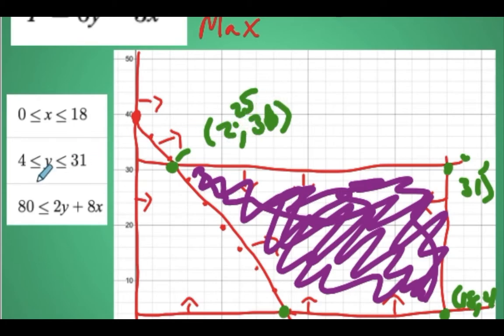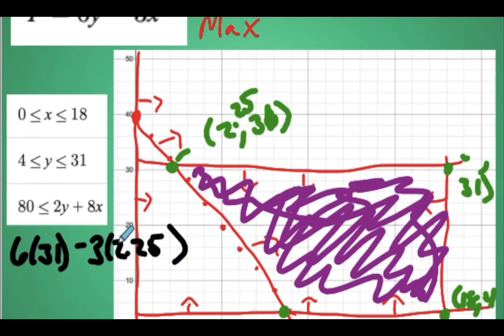So when I plug in my coordinate 2.25, comma 31 into here, I get 6 times 31 minus 3 times 2.25. I would pull out my calculator to do that math, as you should do also, unless you want to do it in your head, which is fine.